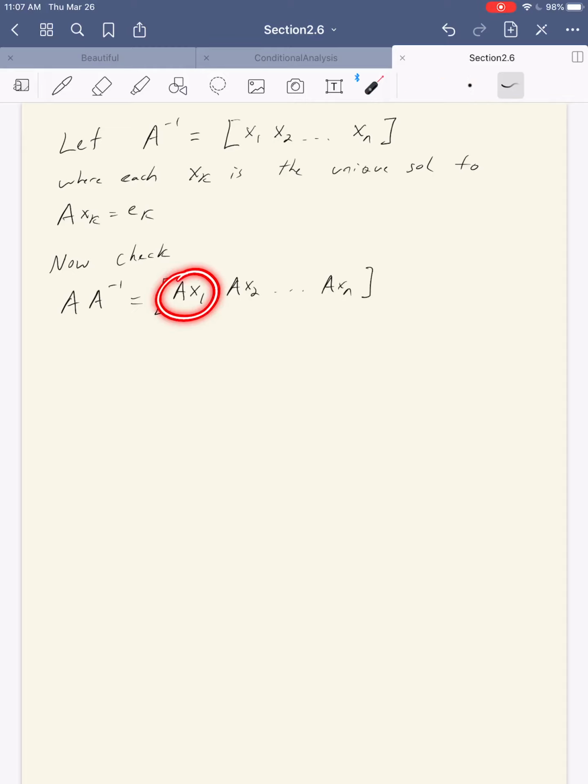Keep in mind each of these is a column vector, because it's the matrix A multiplying a column of A inverse. But by definition, A x_k are those elementary column vectors, so this is just E1, E2, down to En. We said earlier that that's exactly I_n. So we've shown that A times A inverse is equal to the identity. That's great, because that's halfway to showing it is the inverse.